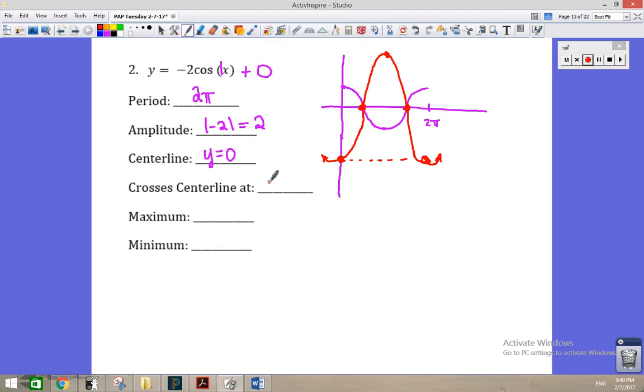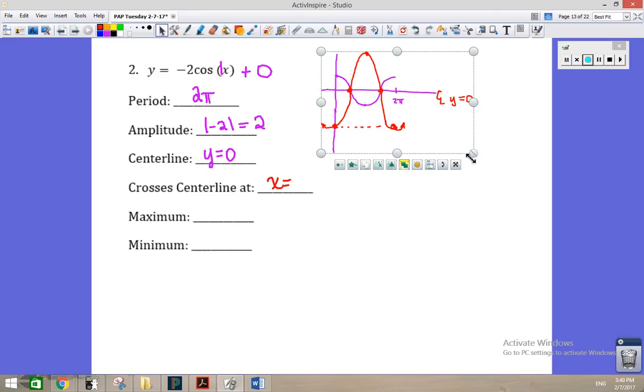So it's crossing the center line, this center line at y equals 0, here at pi over 2. So at x equals pi over 2 and any coterminal angle to pi over 2.